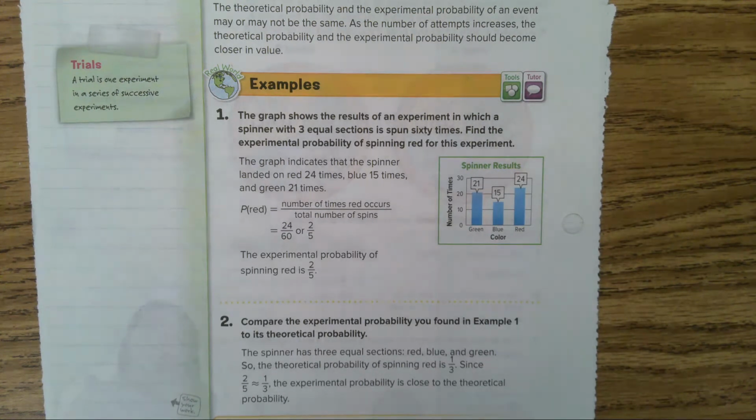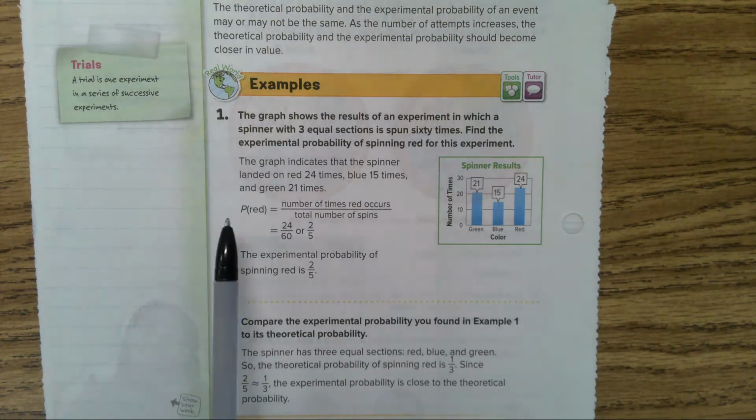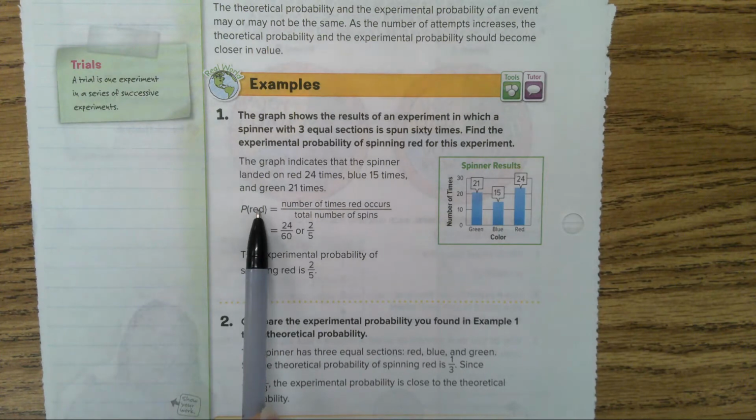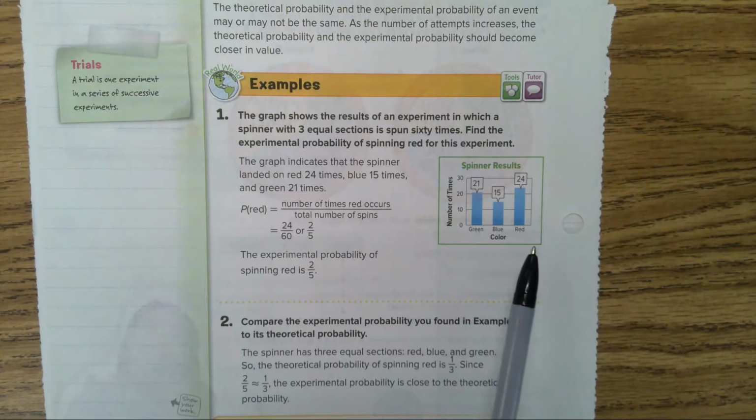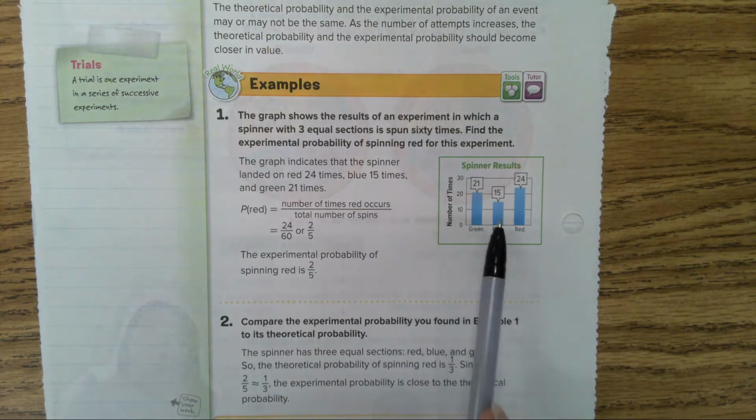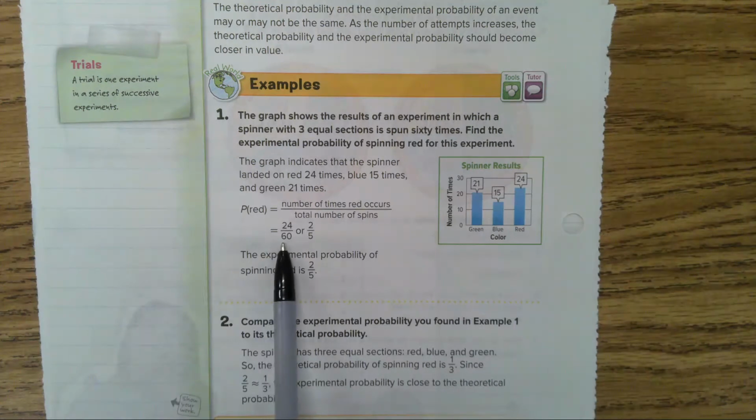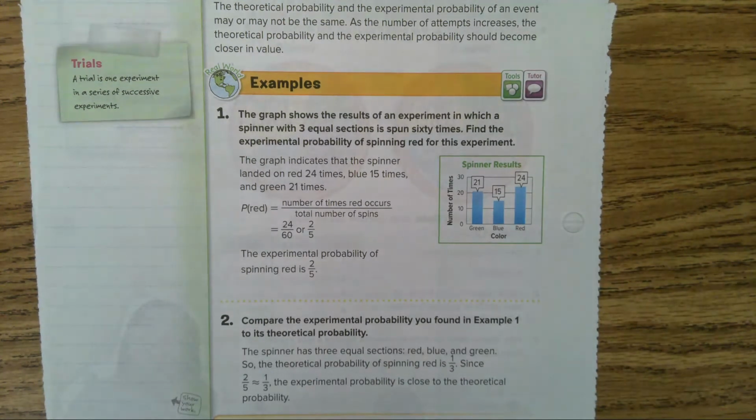The graph indicates that the spinner landed on red 24 times, blue 15, and green 21. In this experiment, what was the probability of red? It's 24 over 60, because when you add those 3 together, you get 60. 24 over 60 or 2/5. The experimental probability of spinning red is 2/5.